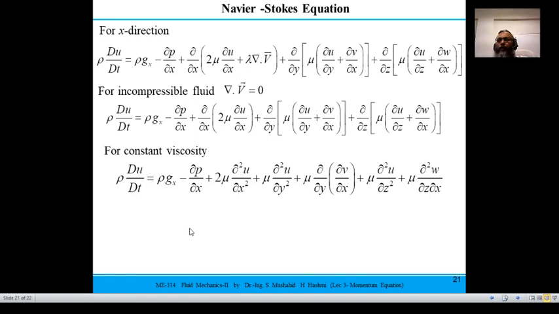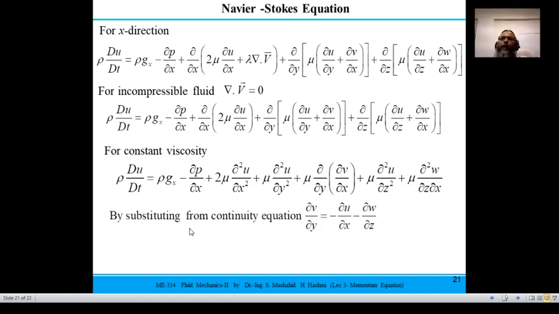Now we can simplify this by introducing our continuity equation. Our continuity equation is divergence of velocity is 0, or ∂u/∂x plus ∂v/∂y plus ∂w/∂z equals 0.